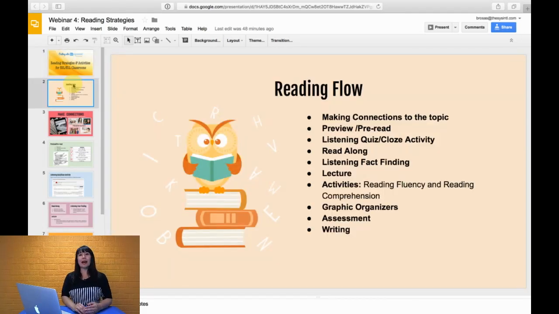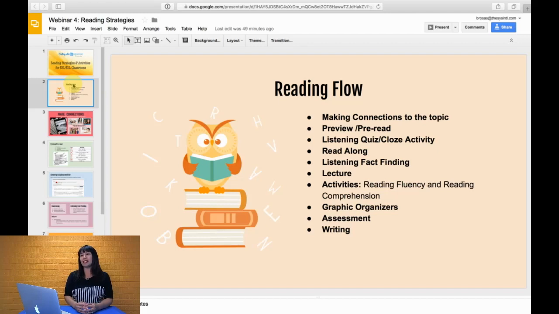So when we talk about reading flow, we want to first start students by making connections to the topics. It is our job as teachers to help them make these connections to better understand the topic at hand. We of course then want to do preview and pre-reading, so meaning the students get the reading and do something with it first.